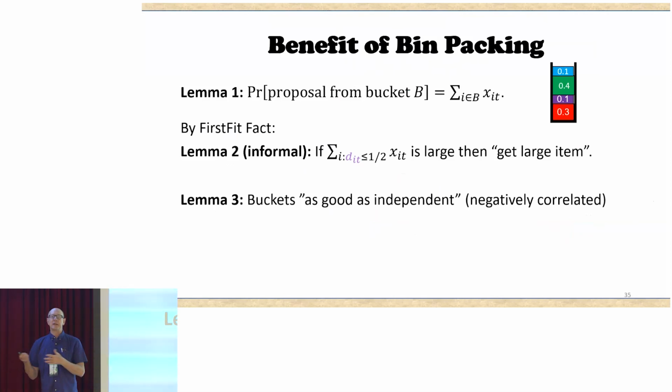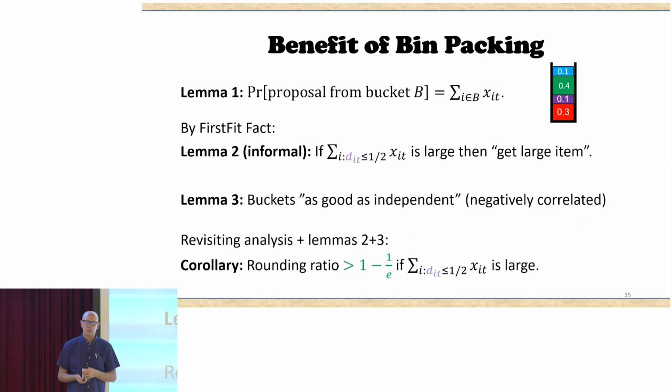Another nice property is that the buckets behave nicely, almost independent, actually negatively correlated, which is exactly what we need. And this implies better than 1 minus 1 over e if the sum of the x's of the low degree, those for which d is small, if this sum is large.